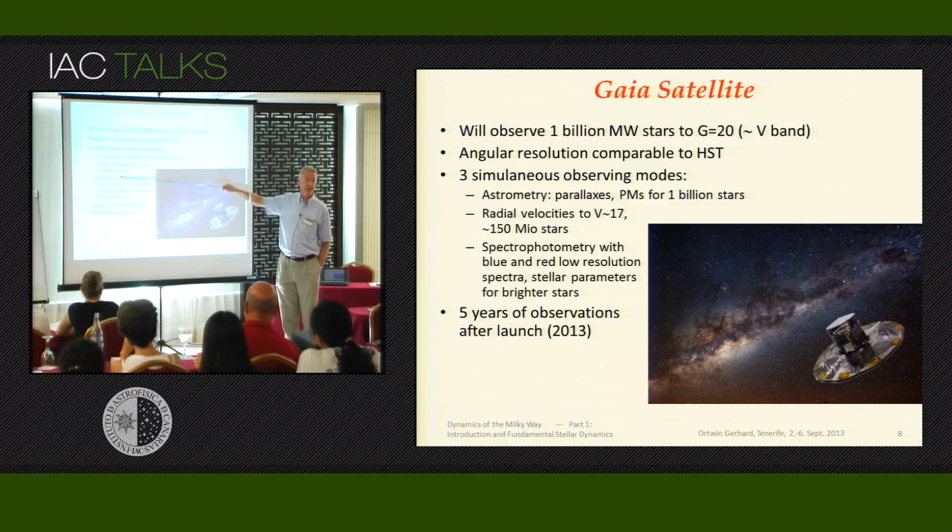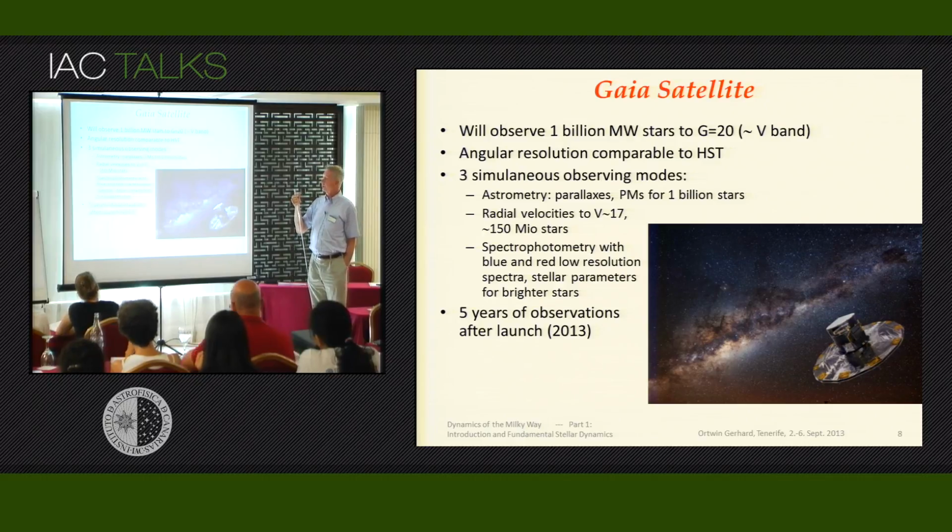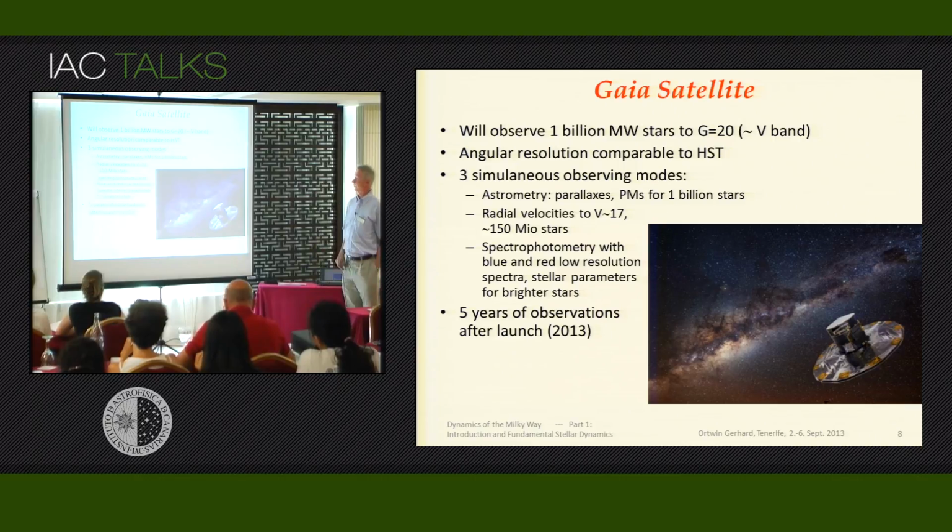So it's only 150 million stars, which is still an amazing number. And then it'll also be possible from these low-resolution spectra to get stellar parameters for at least the brighter of these stars. And so that means we'll also get some information on populations from the data that's going to come.